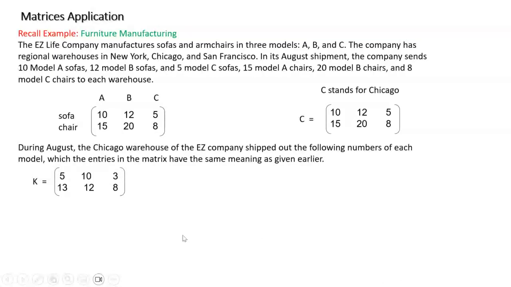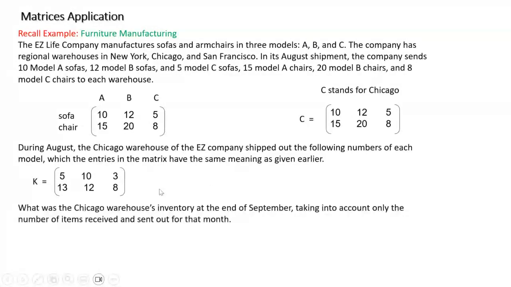Now for the second part, during August, the Chicago warehouse of the Easy Life Company shipped out the following numbers of each model, where the entries in the matrix have the same meaning as given earlier. They want to use K for the models that were shipped out, and C stands for Chicago. So how are we going to know how many are left after these were shipped out?